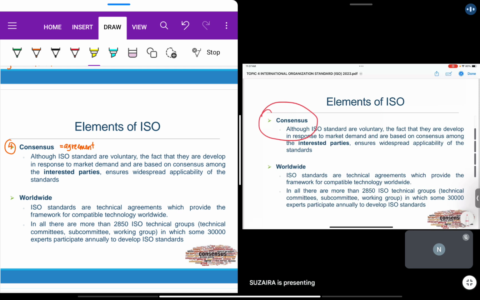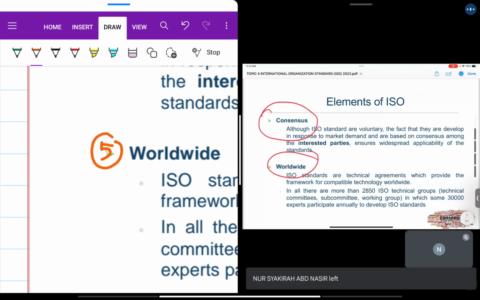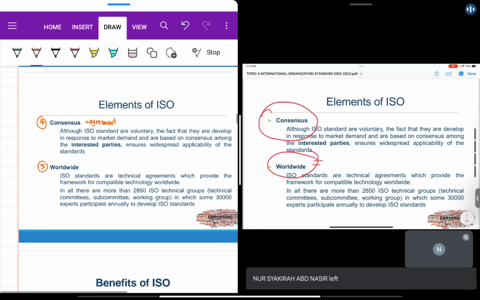This is to ensure that the standard can be used worldwide. So consensus means more towards the agreement, and it reflects the last one, which is worldwide. Whenever we agree upon the standard or the spec or the reference or the guideline, we can use it worldwide.